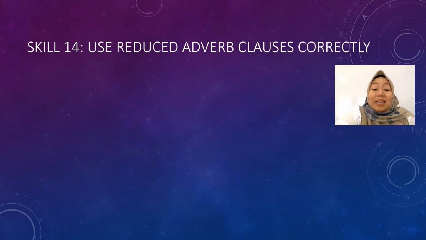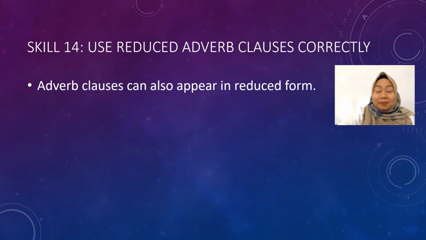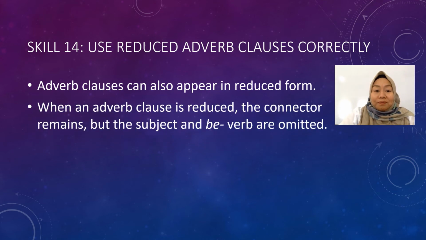Now we will take a look at the reduced adverb clauses, how to reduce adverb clauses correctly. As with adjective clauses, adverb clauses can also appear in a reduced form. When an adverb clause is reduced, the connector remains, but the subject and be verb are omitted.